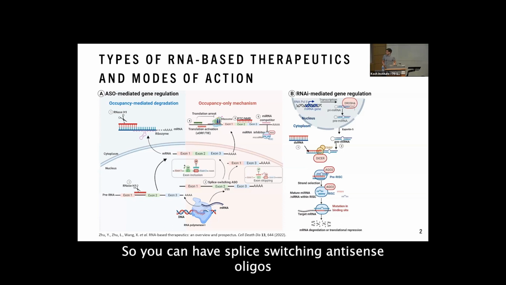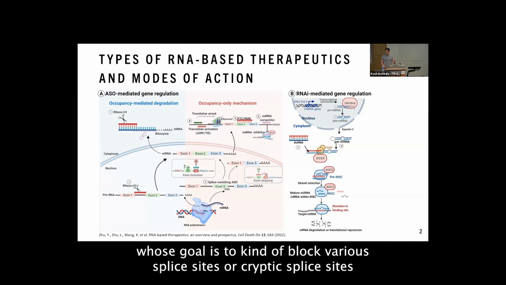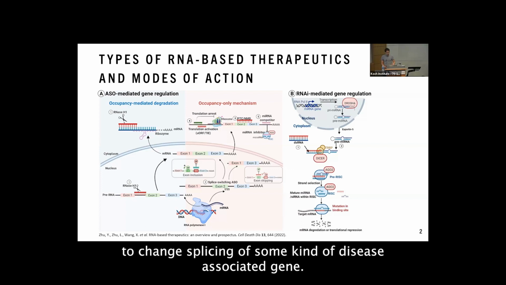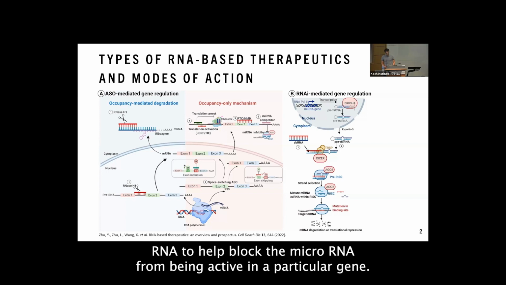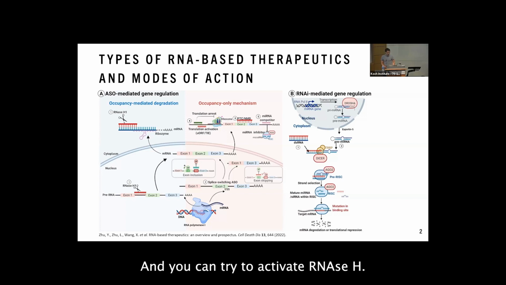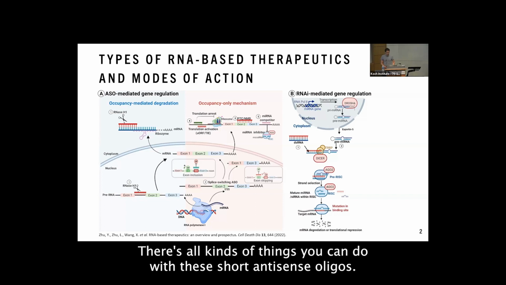You can have splice switching antisense oligos whose goal is to block various splice sites or cryptic splice sites to change splicing of some disease-associated gene. You can block, for example, the binding of a native microRNA to help block the microRNA from being active in a particular gene. You can try to activate RNase H. There's all kinds of things you can do with these short antisense oligos.